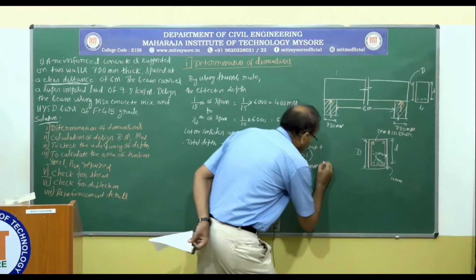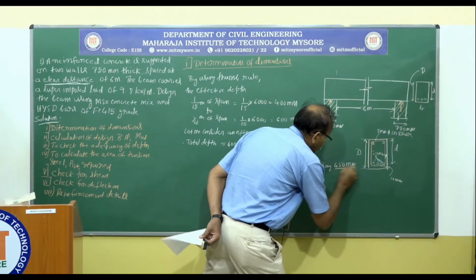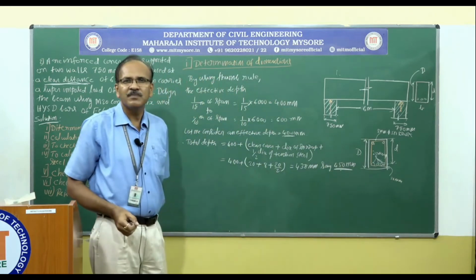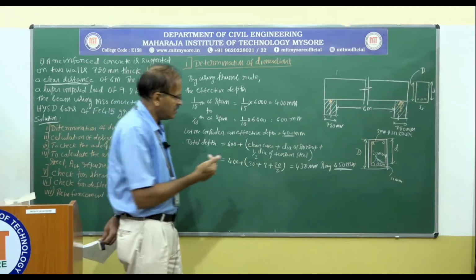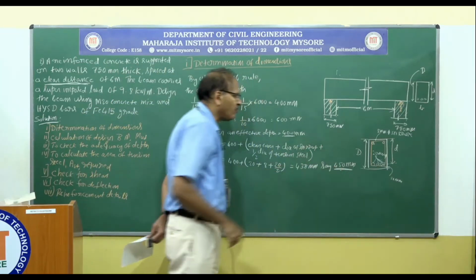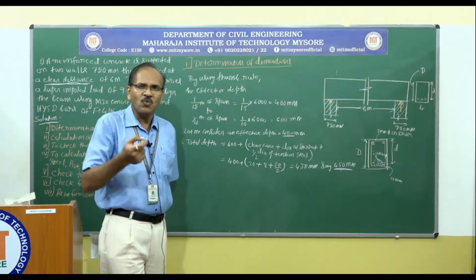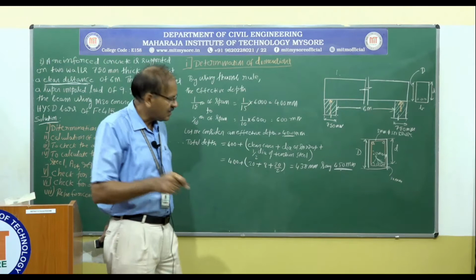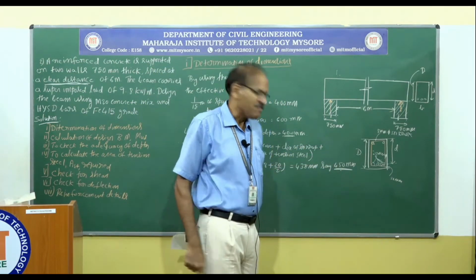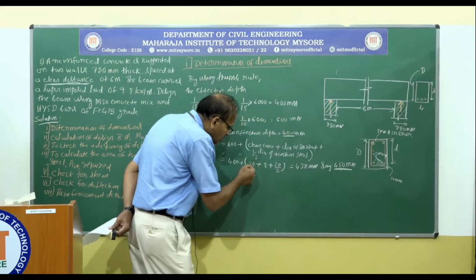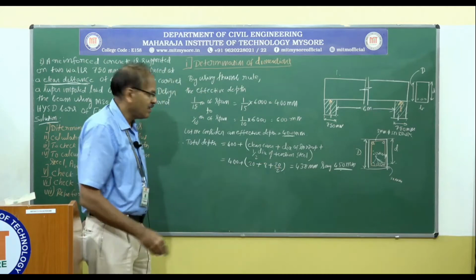Say 450 millimeter. Once you increase the overall depth from 438 to 450 millimeter, even the effective depth changes. So what is going to be the actual effective depth? That is the actual total depth we are providing minus the effective cover, which remains the same.